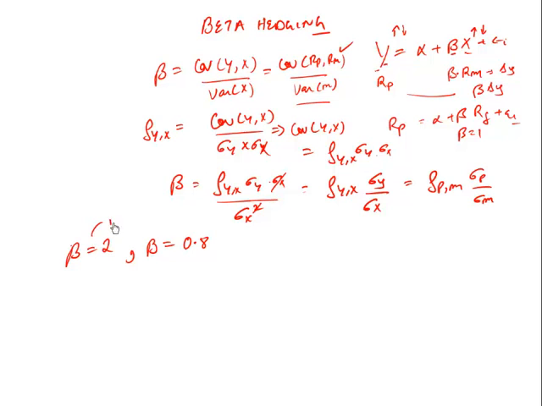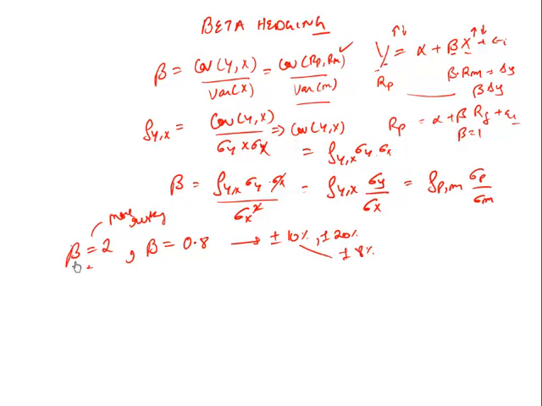Portfolio with a beta of 2 is more risky, generally speaking, because if the market today goes up or down by 10%, this portfolio will go up or down by 20%, whereas the second portfolio will go up or down only to the extent of 8%. So this portfolio is more risky. Higher the beta, more is the risk in the portfolio.